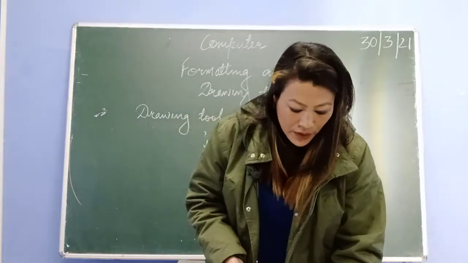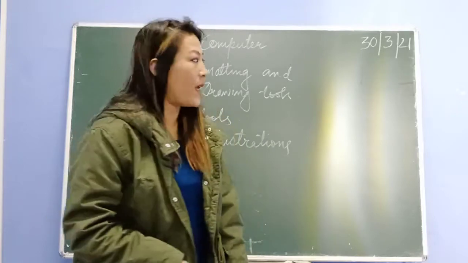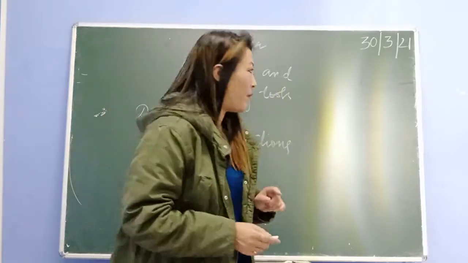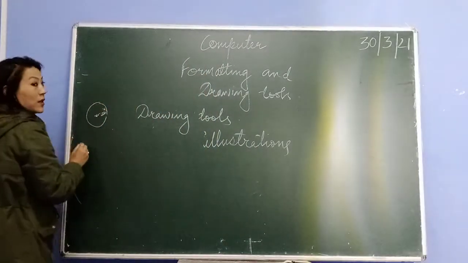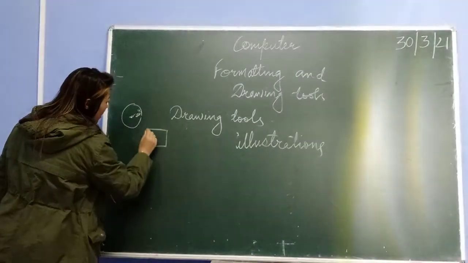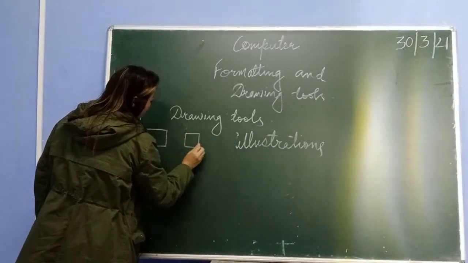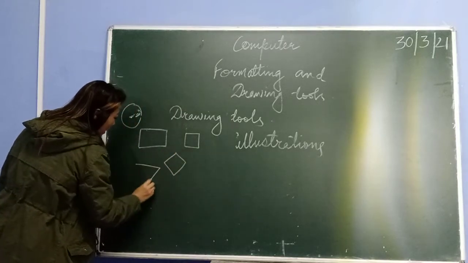Now in the illustration group, first we are going to discuss shapes. In Microsoft Word, sometimes we need to enter different types of shapes, such as circle, box, rectangle, square, polygon, diamond.